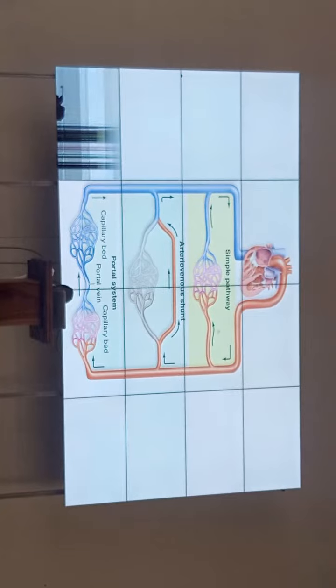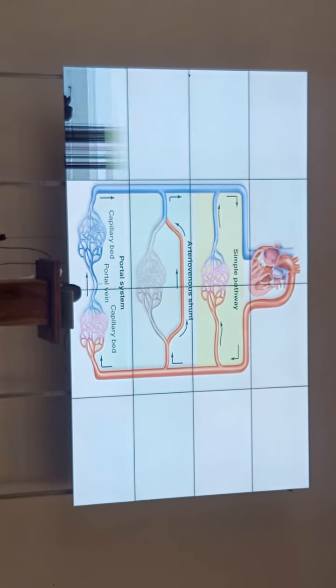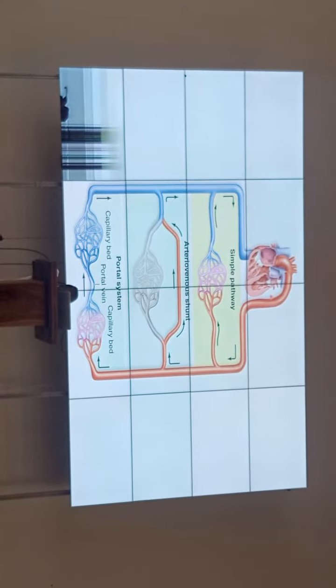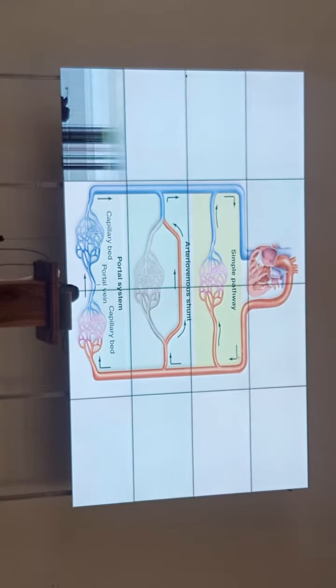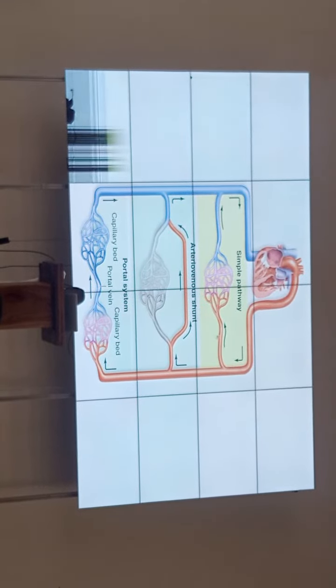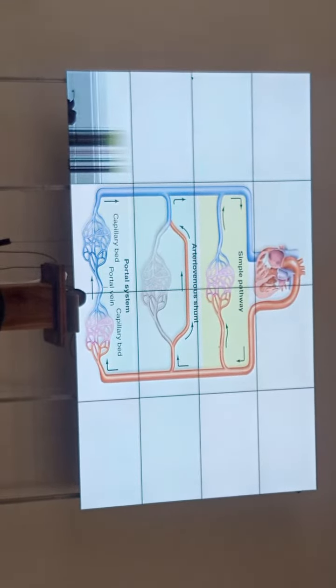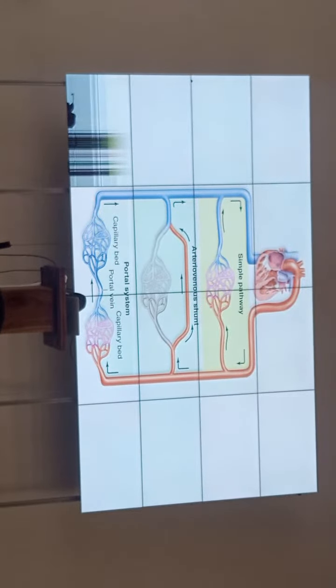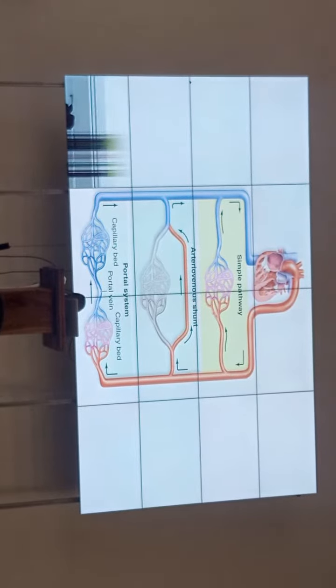We are now trying to follow through the flow of blood. So these will be the large arteries. These will be the medium-sized arteries. These will be the arterioles, which end up branching into capillaries. Is that clear?